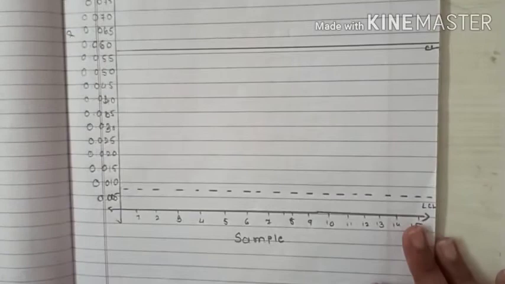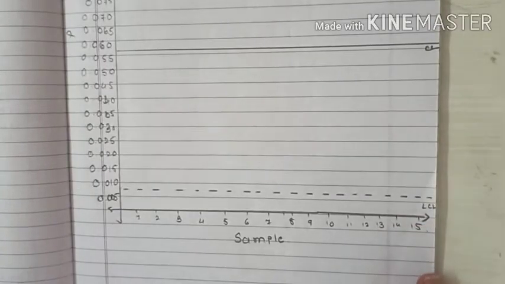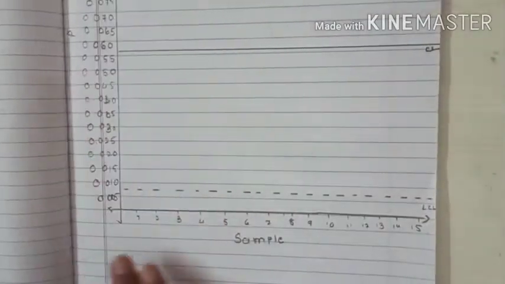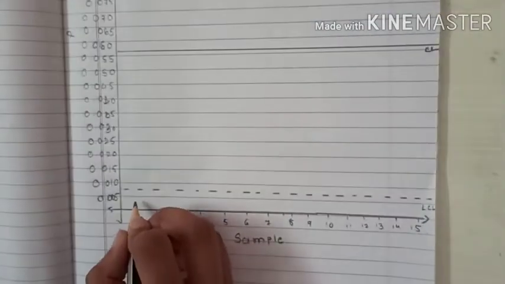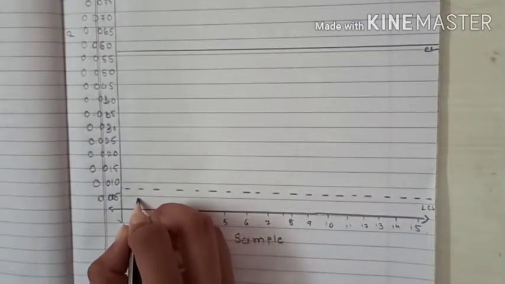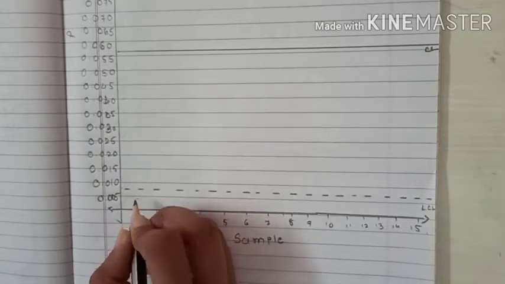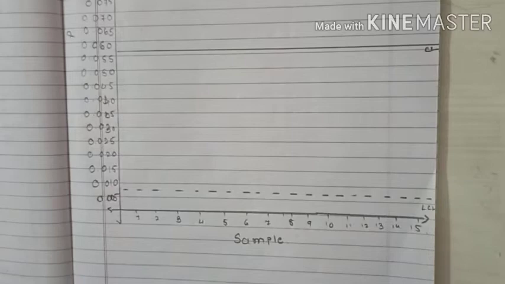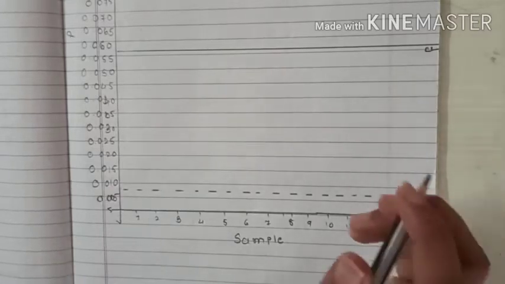Now we are placing the points for the first, 0.04. So it will come over here. Sorry, 0.04.